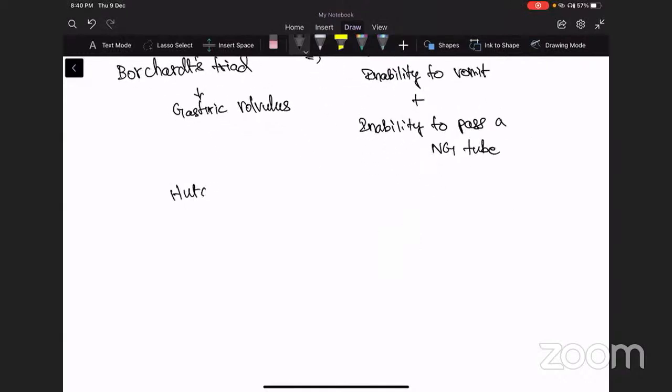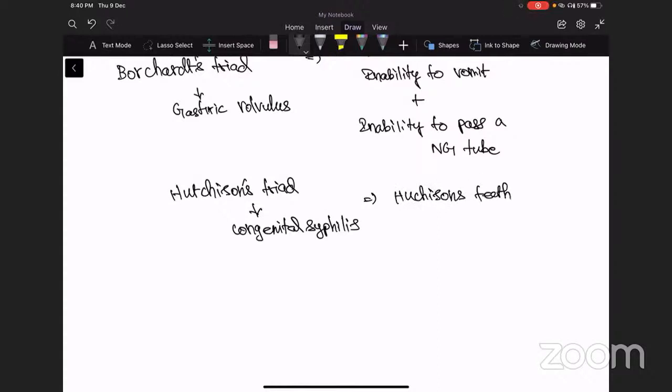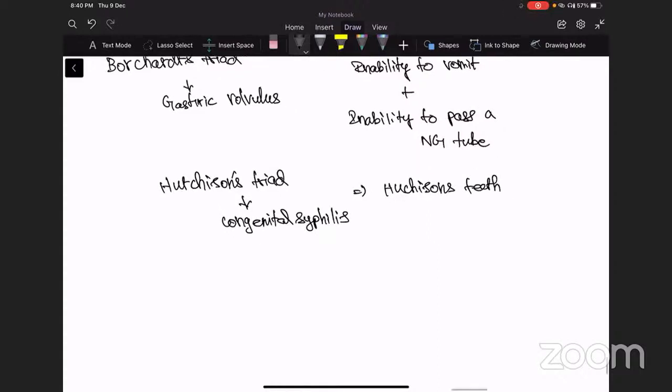We have Hutchinson's triad, very important. Hutchinson triad is seen in congenital syphilis, and the components include Hutchinson's teeth, and the teeth is going to look like a notched.